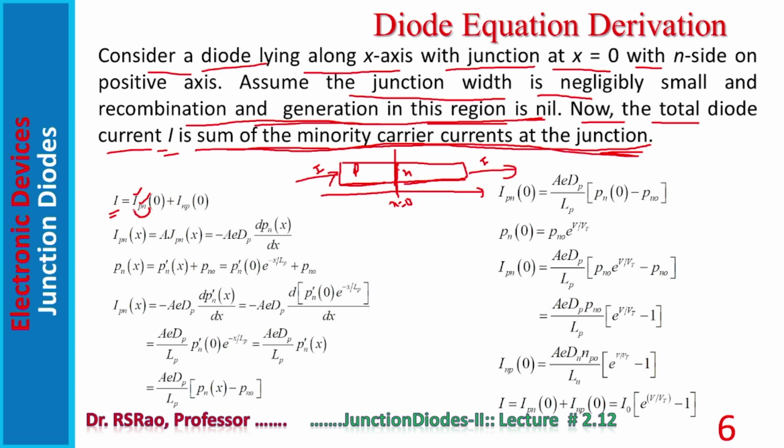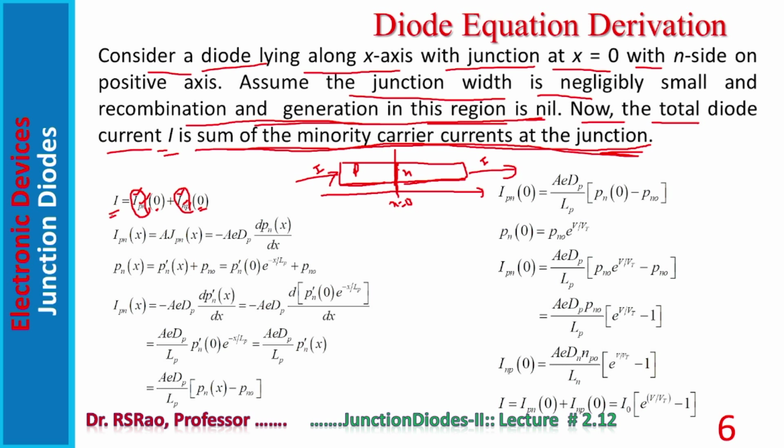So this is the minority carrier current. 0 indicates that we are considering it at the junction, at x equal to 0. INP: I stands for current in amperes due to electrons on the P side. So it is a minority carrier current. 0 means at the junction, at x equal to 0.